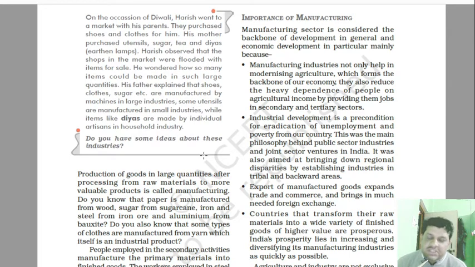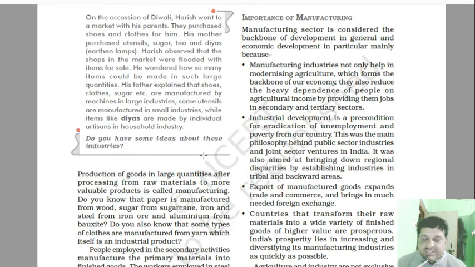First importance of the manufacturing industry is that it not only helps in modernizing agriculture, which forms the backbone of our economy, it also reduces the heavy dependence of people on agricultural income by providing them jobs in the secondary and tertiary sector.